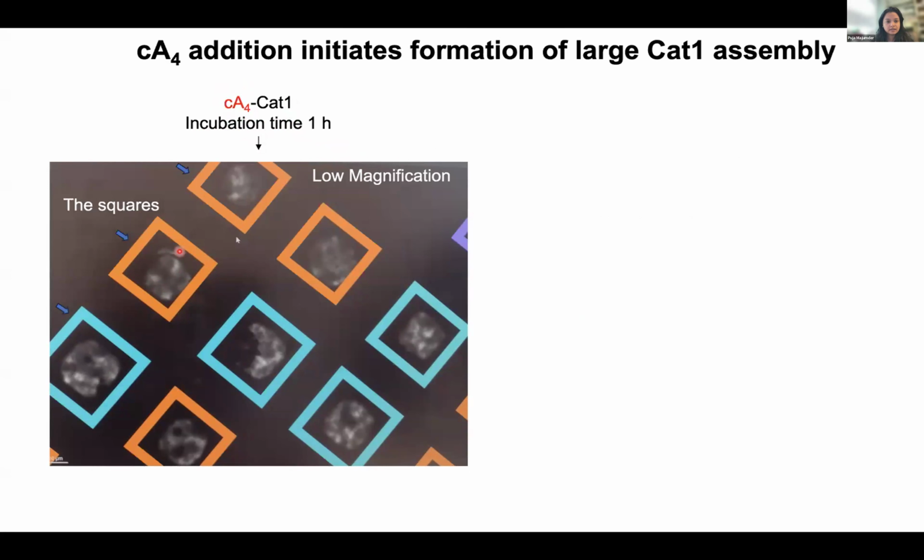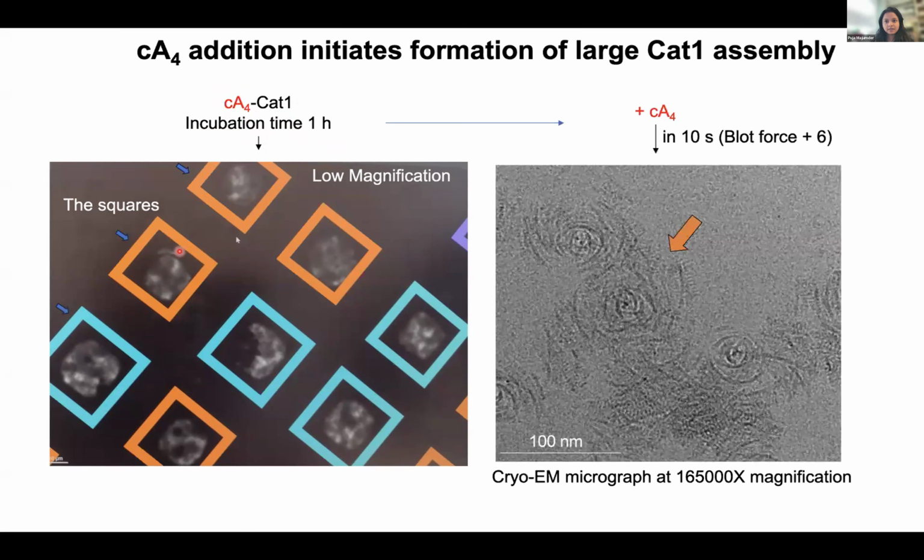Then we started optimizing the sample preparation conditions, and when we hit this condition, we added CA4, the cyclic RNA molecule, and within 10 seconds we froze the grid, and on the grid we started seeing this kind of filament assemblies. During grid freezing, we also used a positive blot force using an FEI Vitrobot, which helped us to get these filament assemblies on the grid.